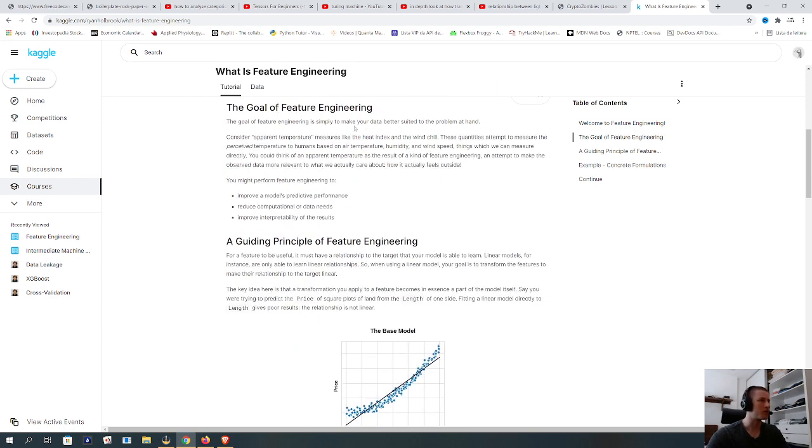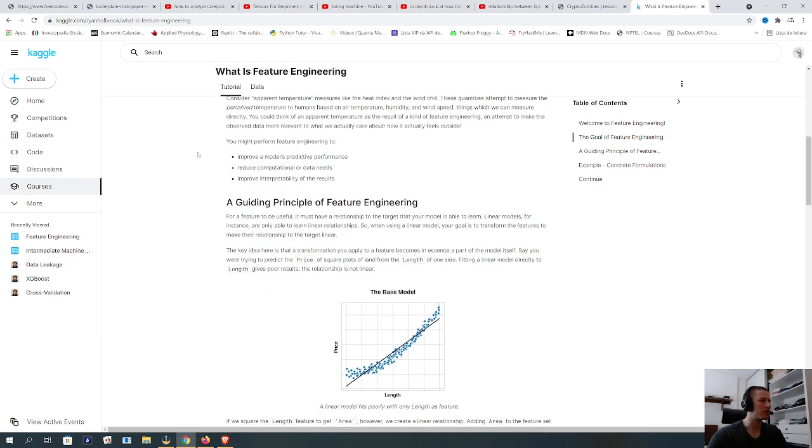The goal of feature engineering is simply to make your data better suited to the problem at hand. Consider apparent temperature measures like the heat index and the wind chill. These quantities attempt to measure the perceived temperature to humans based on their temperature, humidity, and wind speed, things which you can measure directly.